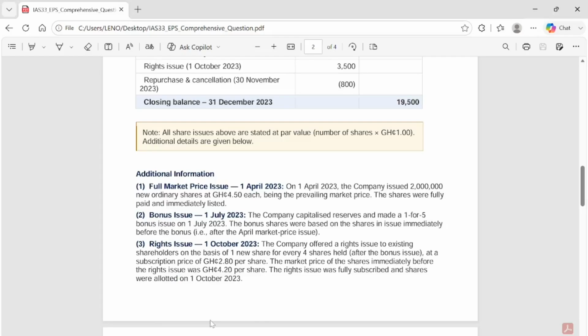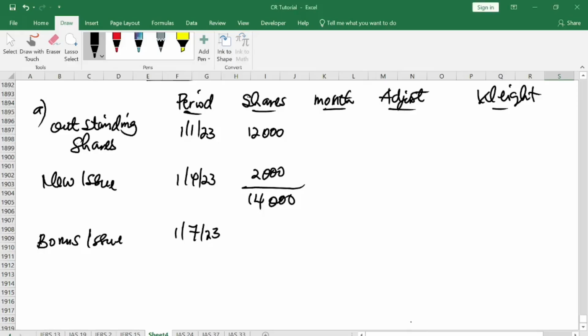Yes, 1st July 2023, bonus issue 1 for 5. So you pick your odds, 1:5. That's what it means. You do 1/5 multiplied by the immediate outstanding shares of 14,000. So when you multiply 1/5 times 14,000, how much does that give you?